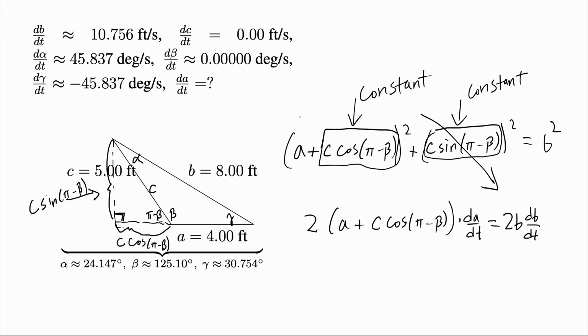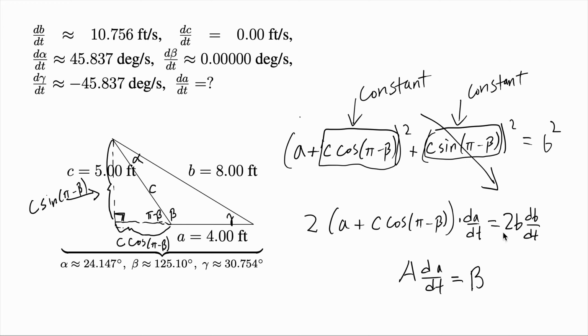You plug those in, and pretty much on this side, this is just going to be some number times da/dt, and we're trying to find da/dt. And then at this moment in time, we actually know what db/dt is. That's great. Times it, so that's going to be equal to another number, a number times b when we plug in what b is, which is 8 times 2.